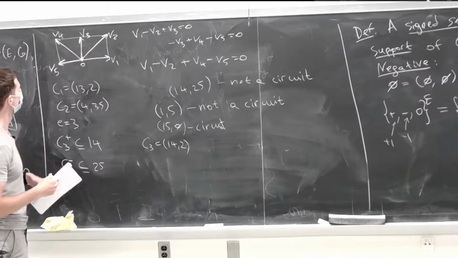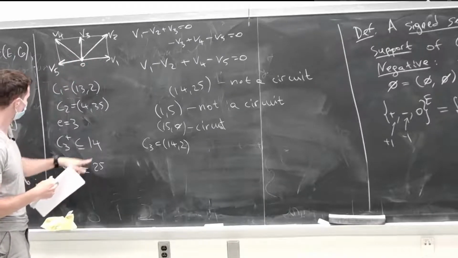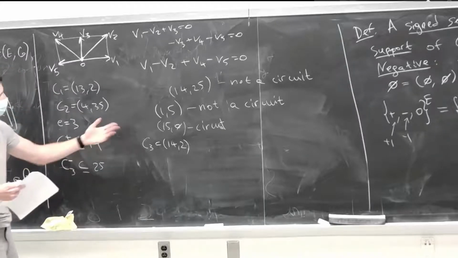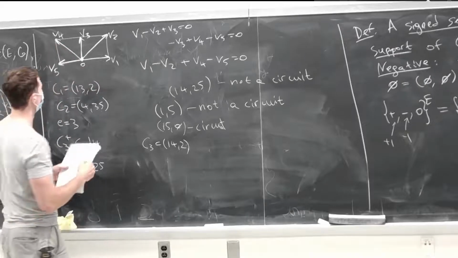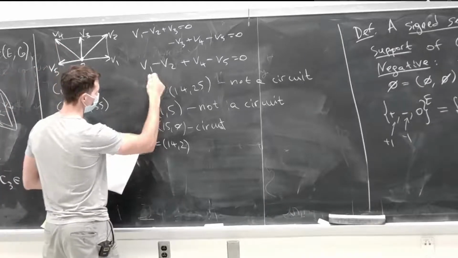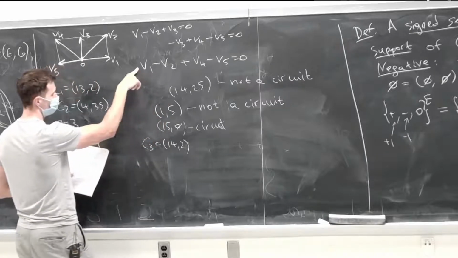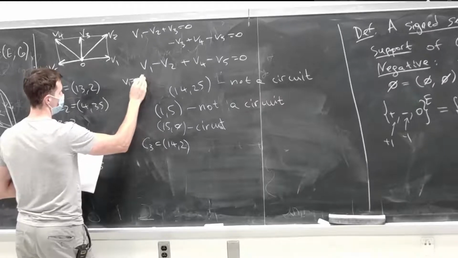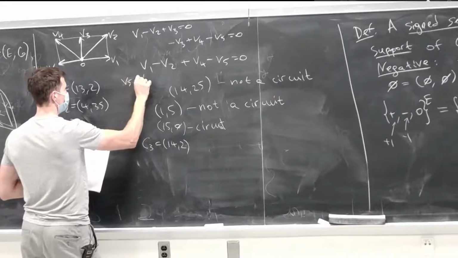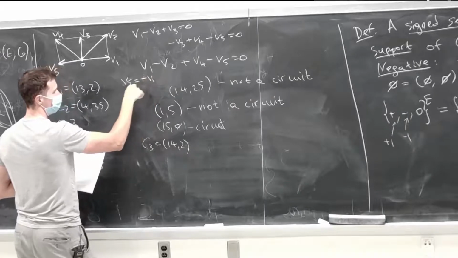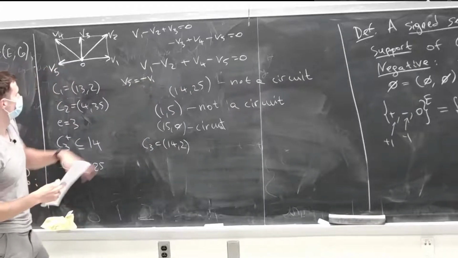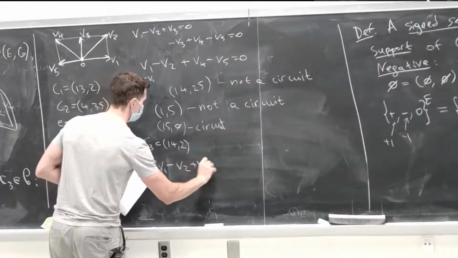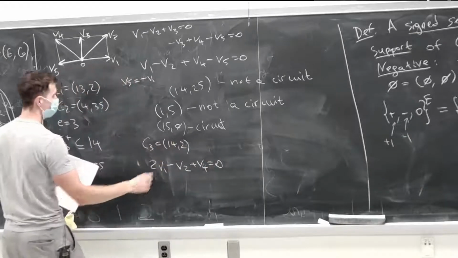Right, yeah, so 1, 4 is in C3 plus, and 2 is in, yeah, this actually is a subset, and it is indeed a circuit because what you can do is take this equation and use that V1 is equal to negative V5, or the other way around, V5 is equal to negative V1, and you can just plug it into the equation. And then you get twice V1 minus V2 plus V4 is 0. Indeed, this is a circuit.